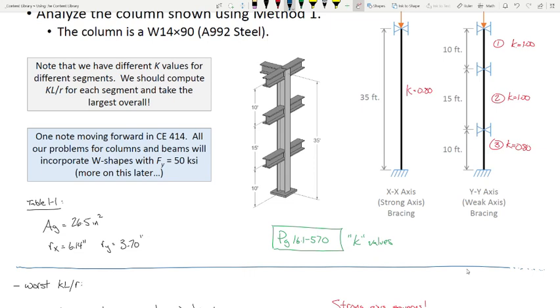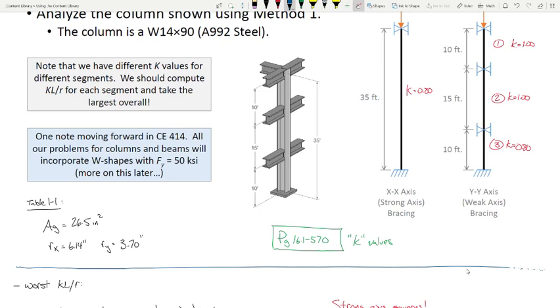We computed all the KL over r's. Could we have eliminated a couple of them by just looking at the bracing conditions? Yeah, I mean, the length is going to govern. The what? The length, the longest length is always going to be the one that goes. Well, it's not just the longest L, it's the longest KL.